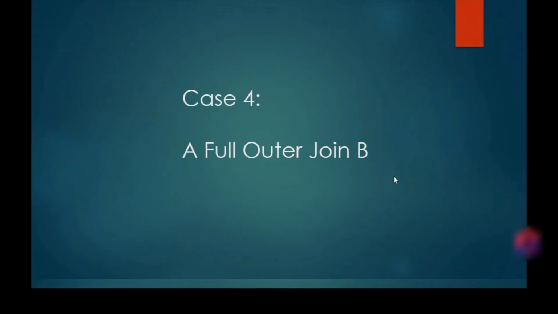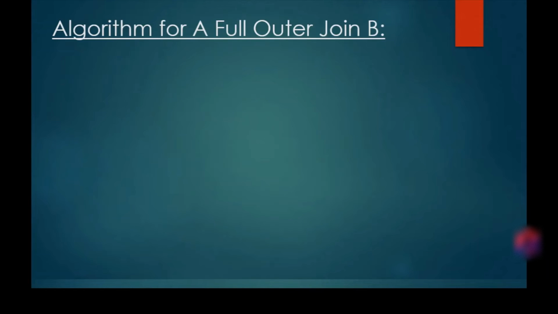Alright, so let's come to case 4, which is a full outer join. Now, a full outer join basically behaves by combining the concepts of inner join, left outer join, and right outer join. So basically, if I were to write the algorithm of full outer join, let's see what all steps we have here.